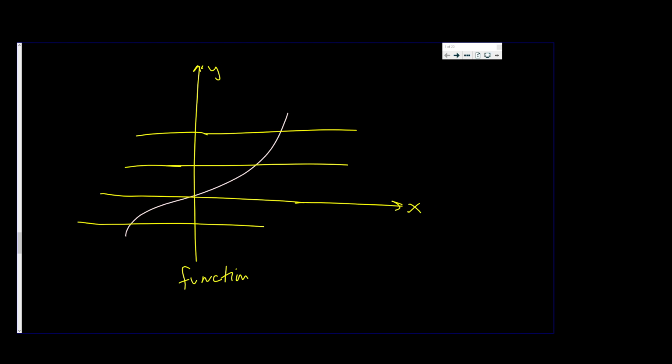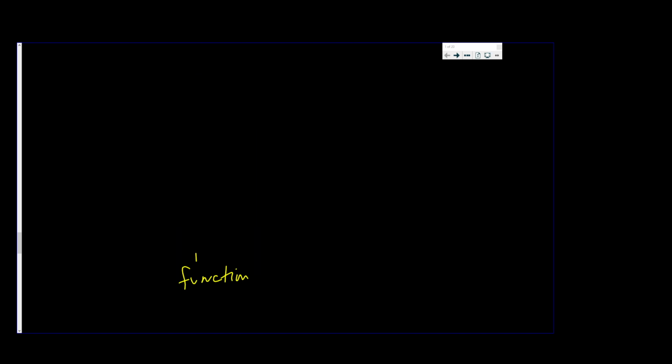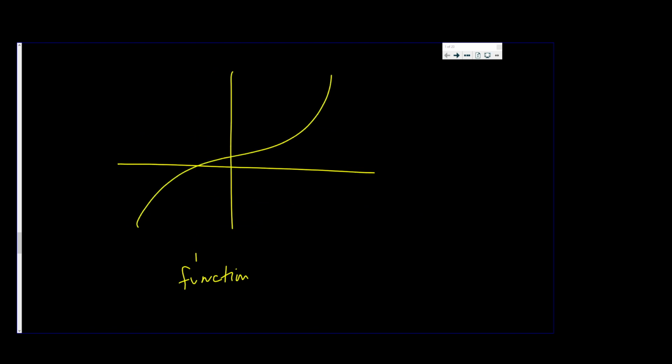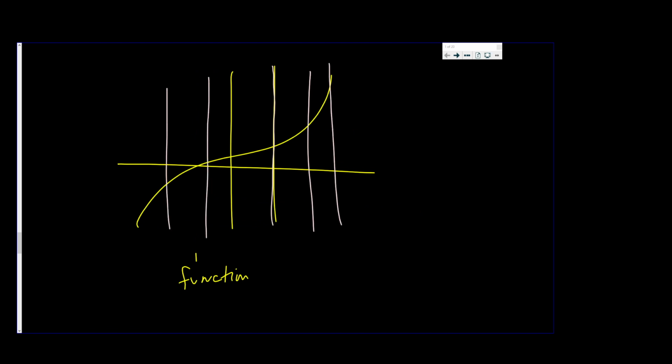For any given x, you should only have one y. Did I do that backwards? What is wrong with me? Scratch that, I apologize. This is a function because it passes the vertical line test.